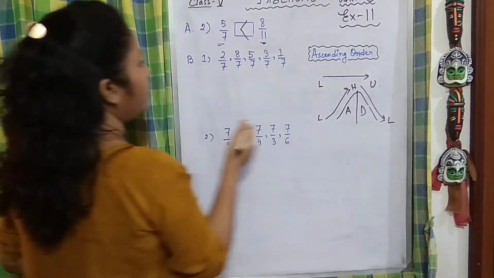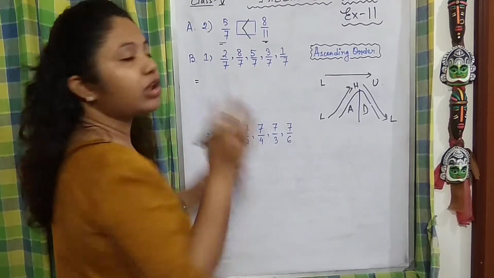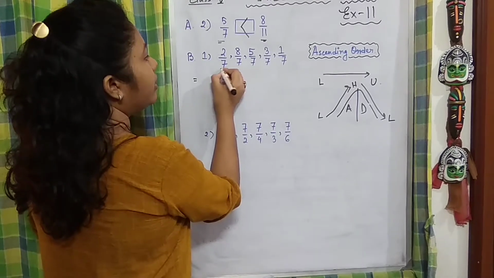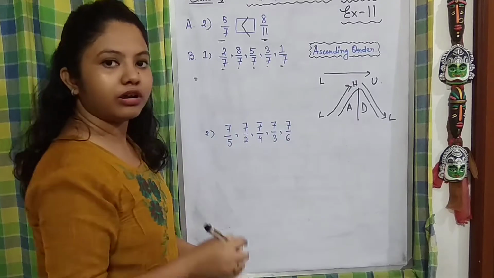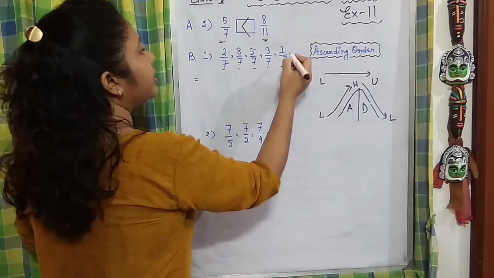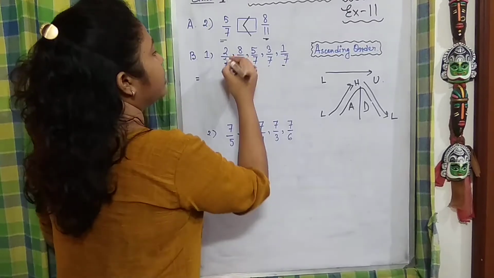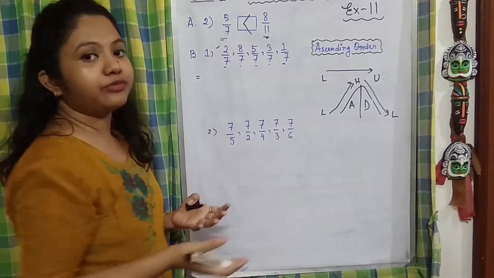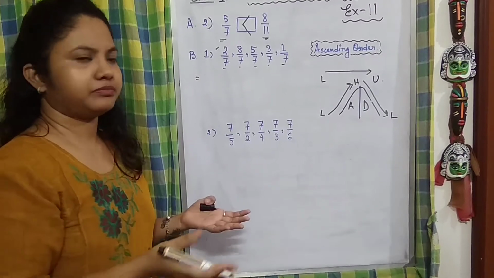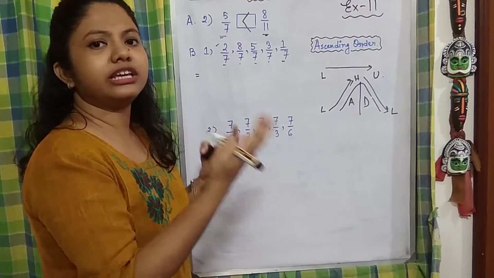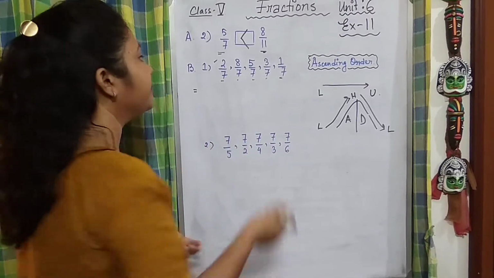Now let's talk about number 1. Here we have seen all the denominators are similar, so they are all like fractions. In the case of like fractions, comparing is pretty easy, because we don't have to find any equivalent fractions.